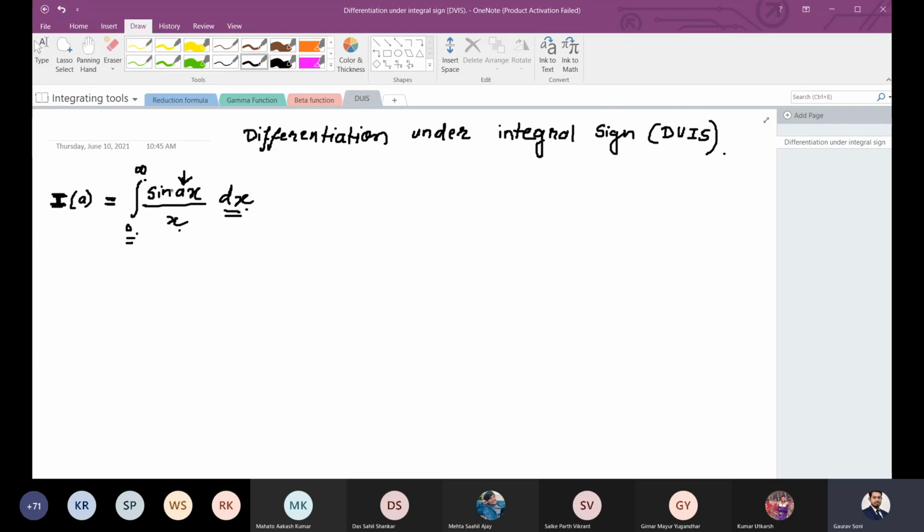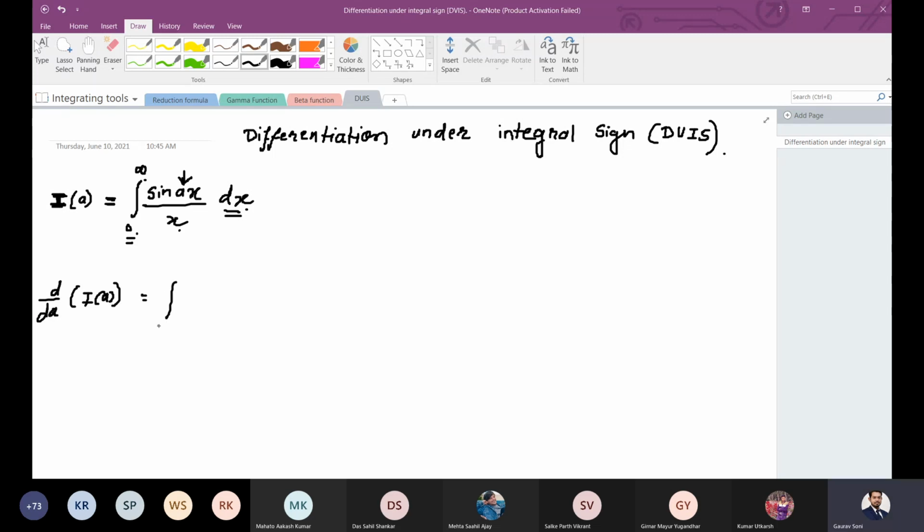Now, there is no rule by which you can actually evaluate this integral. Depending on your 12th standard knowledge, you cannot solve it. If you have any idea, please let me know. I don't think you can solve it because even integration u into v rule will make this complicated. Say for an example, I'll take the derivative d by da of I of a.